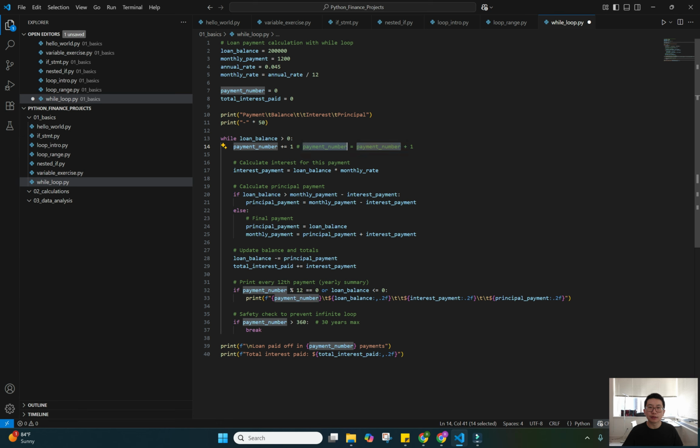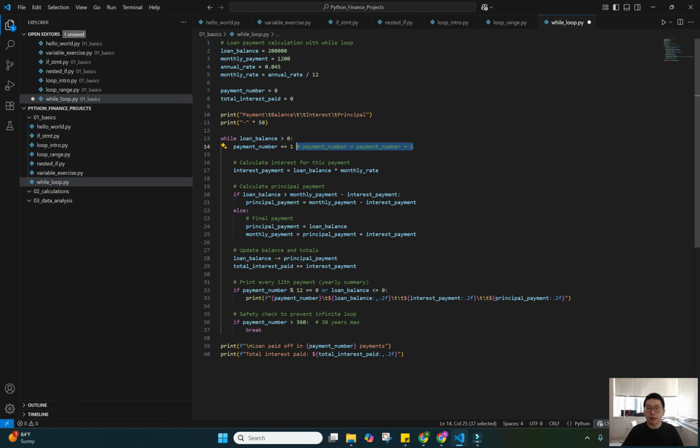So it incrementally increases the value of the payment number. This is what plus equals 1 means. This may take a while for you to comprehend, so feel free to take some time here, and also feel free to Google what a recursive formula is if you want to learn something deeper.